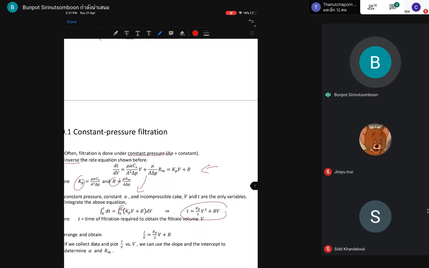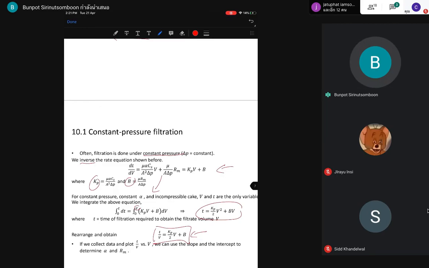Then you can divide both sides by V and get this equation right here. You can do the experiments, measure the volume of the filtrate that we collected over time, and then make a linear plot of t over V versus V.